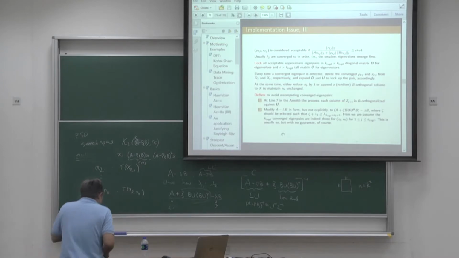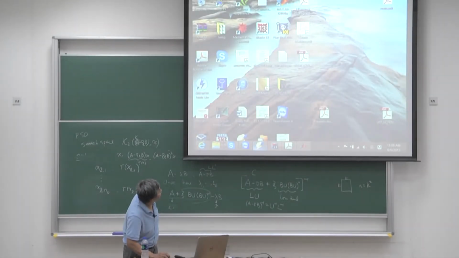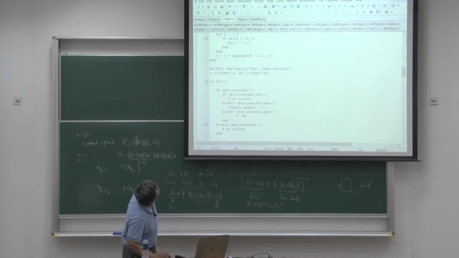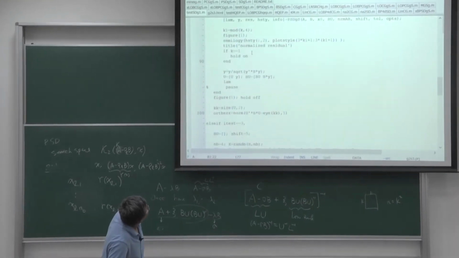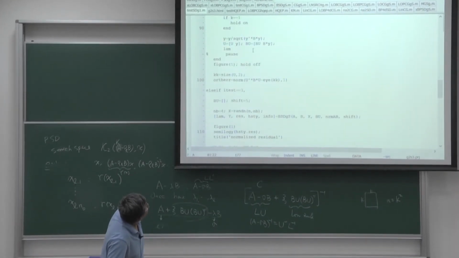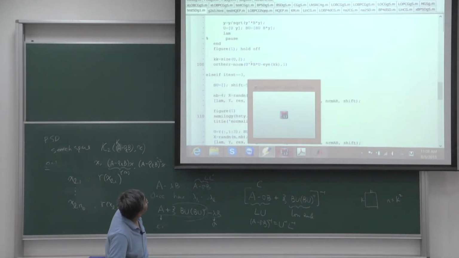Now, I do have, let's see, if I look at this, this is a block steepest descent with a shift. I test 3.